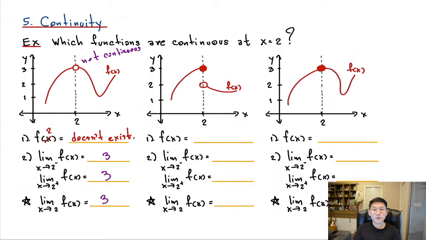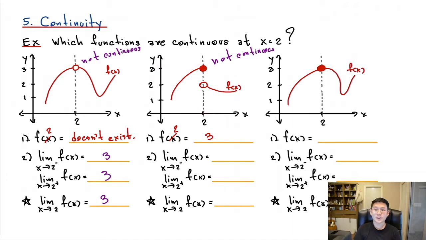For the next graph, you can see again that it's not continuous. What is f(2)? F at 2 is 3, isn't it? Because it's white here and black here, so at 2, f is 3.